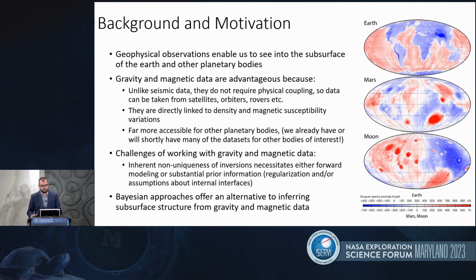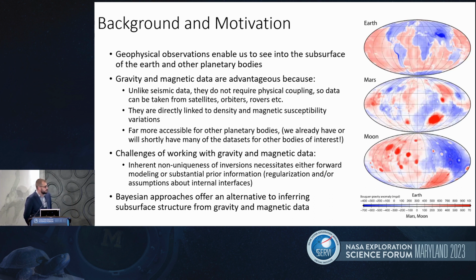These are directly linked to the density and magnetic susceptibility variations of interest with some of the structures that we're looking at, and it's far more accessible for other planetary bodies. So, like I said, we already have these data sets, or we'll shortly have many of these data sets for other bodies of interest.